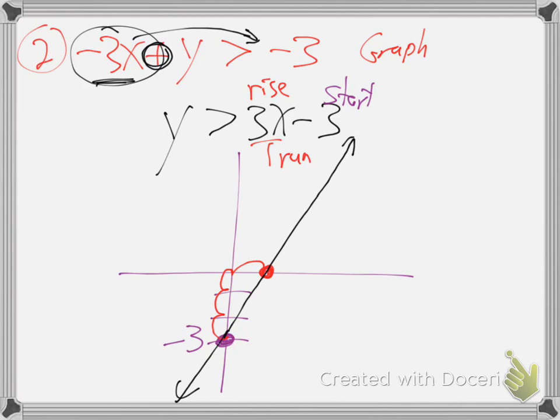So always think about the y-axis. It says, give me the part of the y-axis that's greater. That's up here. Does that make sense? So don't accidentally think right, left. That'll get you, because we have y alone. So it's this side. We good? Because that's the y greater part there.